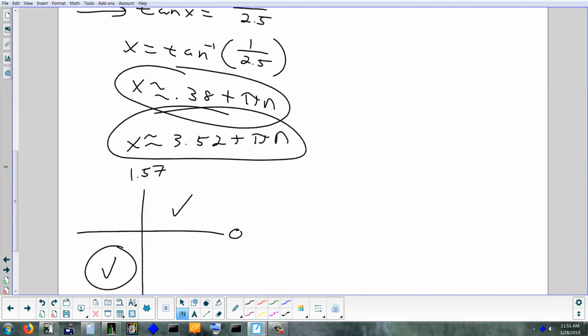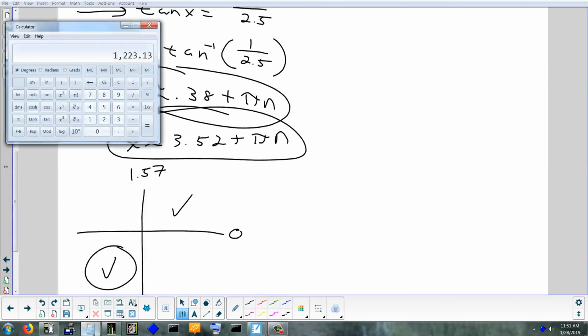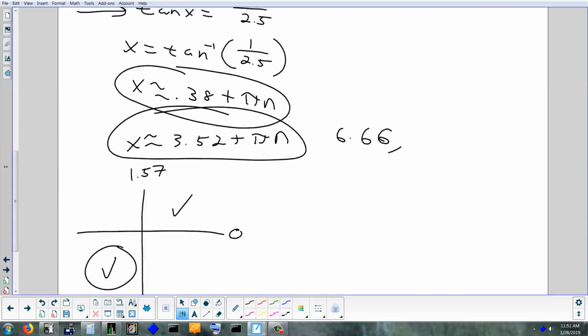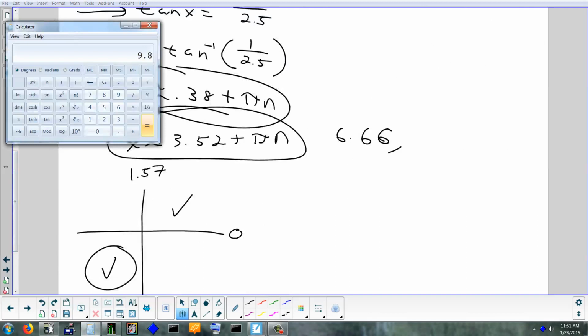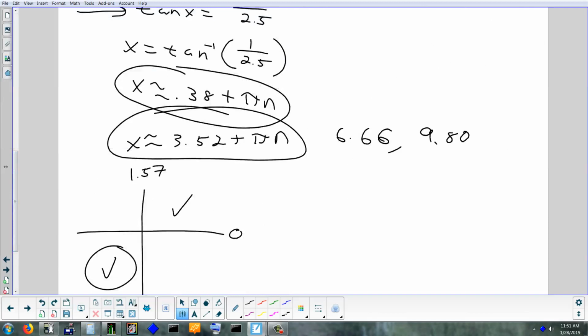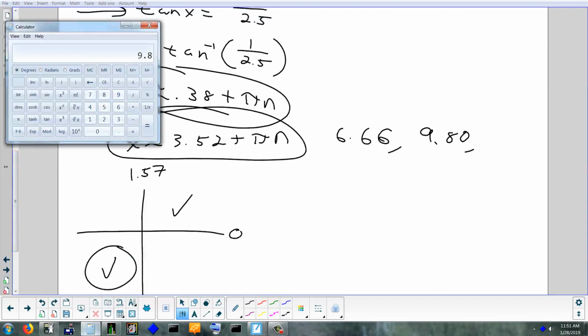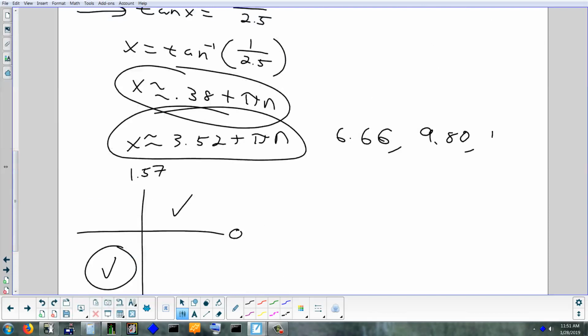Okay. Let's look at this one. Let's write out some of the answers here. Okay, it's 3.52, plus you keep adding pi. Just to be simple, I'm just going to do 2 digits. So 6.66. Next one, 9.80. And these are rounded. And 12.94.